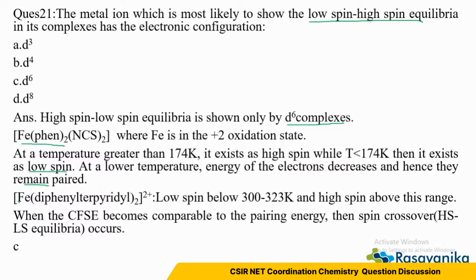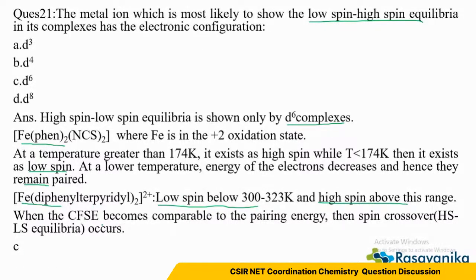This is another example, diphenyl terpyridyl, where three pyridine groups are attached from the ortho position, right? Diphenyl terpyridyl, low spin below 300 to 323 Kelvin and high spin above this range, right? This complex, the iron diphenyl terpyridyl.